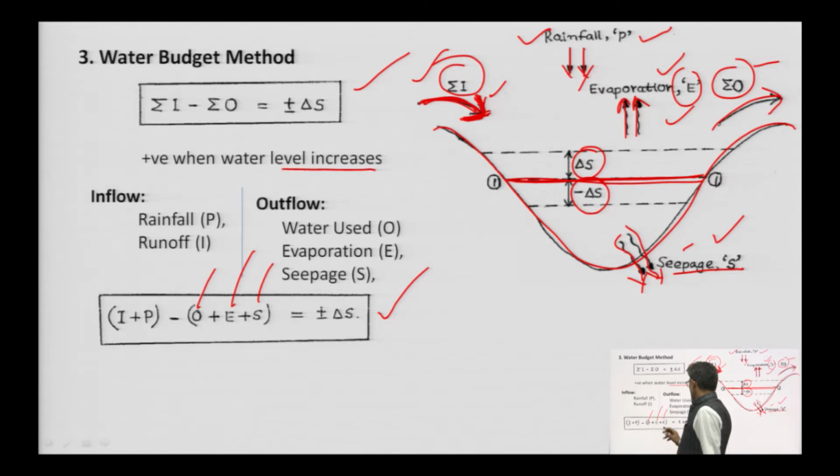Positive if the level is going up and negative if the level is going down.